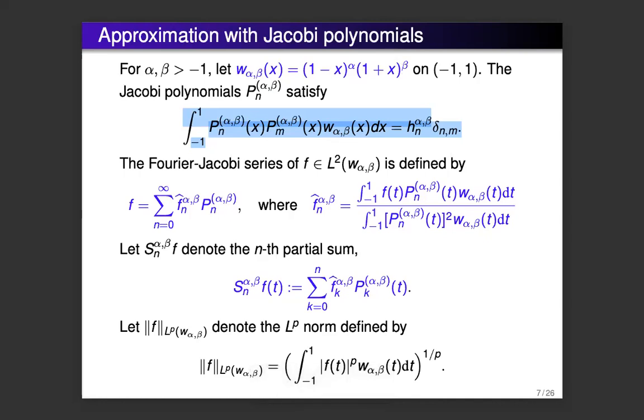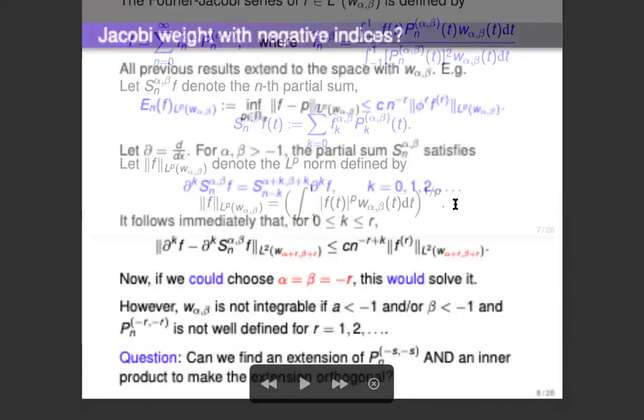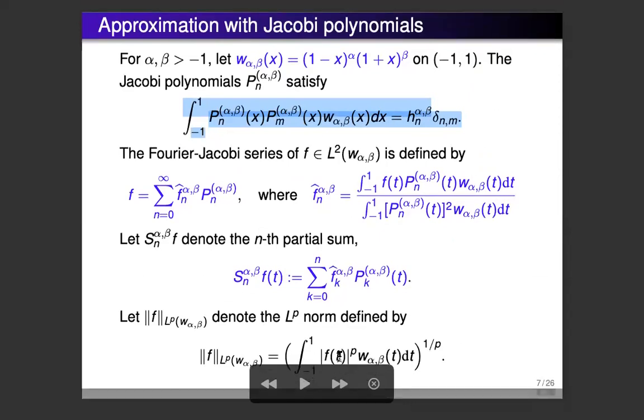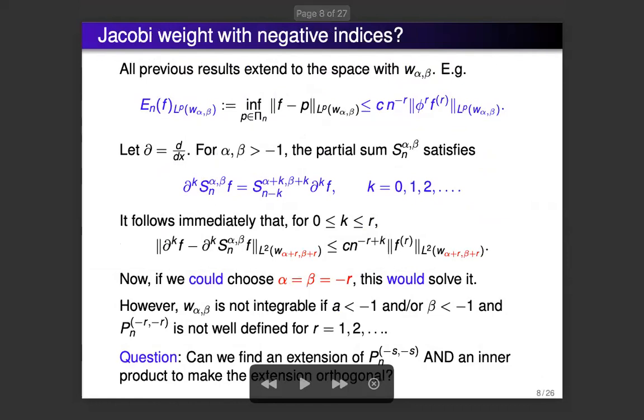Basically alpha is at x equal to 1 and beta is at x equal to negative 1, so you have two endpoints and something additional. You define the L^p norm just like before, from negative 1 to 1, integrating with this weight and the p-th power norm. So our previous result extends to the space with W alpha beta.